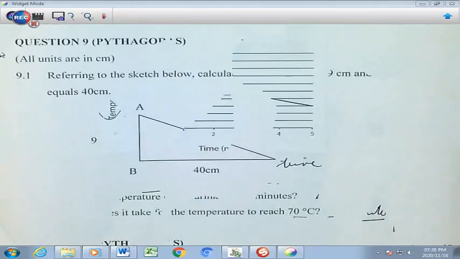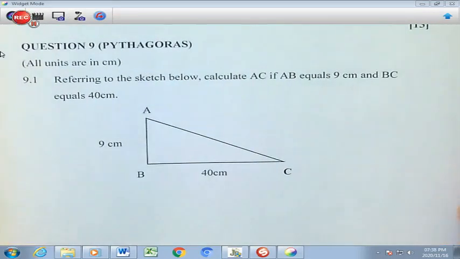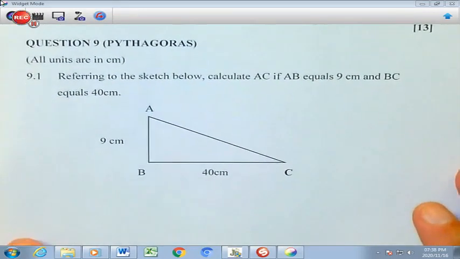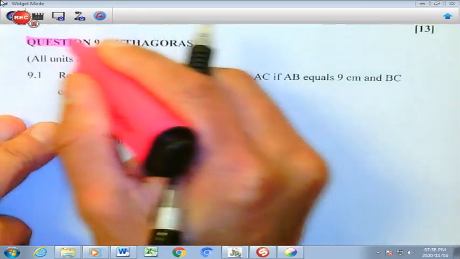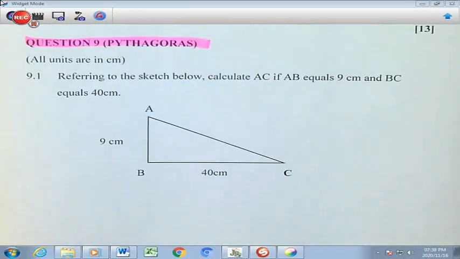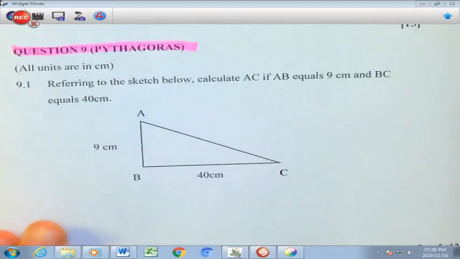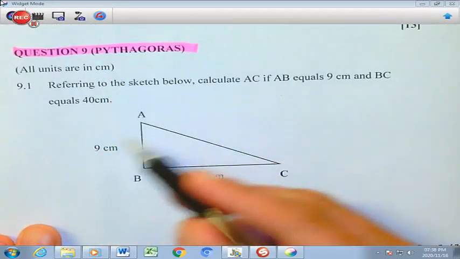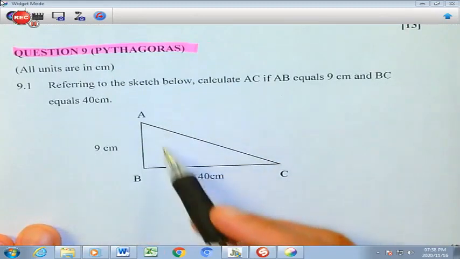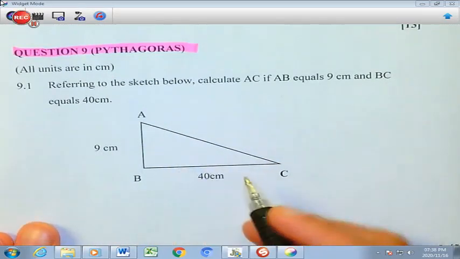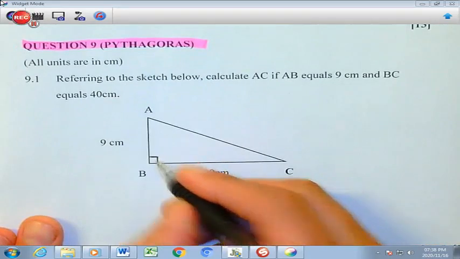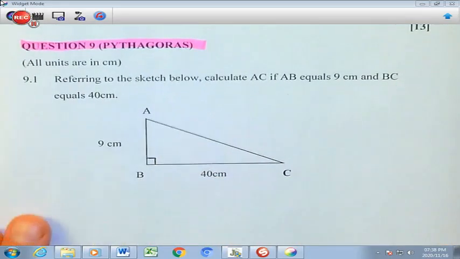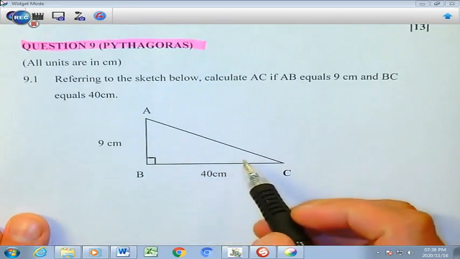Alright, so grade 8, we're looking at the final question, which is question number 9, and it refers to Pythagoras, and I'm going to highlight that question. It says here that all units are in centimeters, and it refers to the sketch below, which is a right angle triangle, and Pythagoras' theorem deals with right angle triangles.